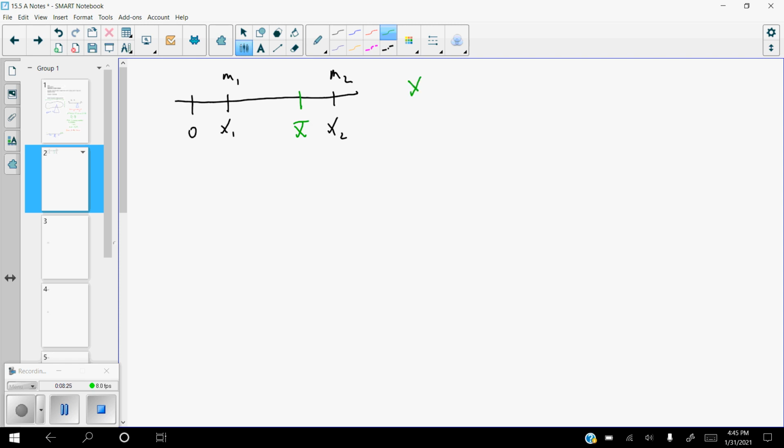What is this x bar? X bar is what is known as the center of mass, also known as the centroid. Kind of a cool name, centroid. But it is the center of mass. So x with the bar over top of it is what is known as the center of mass.